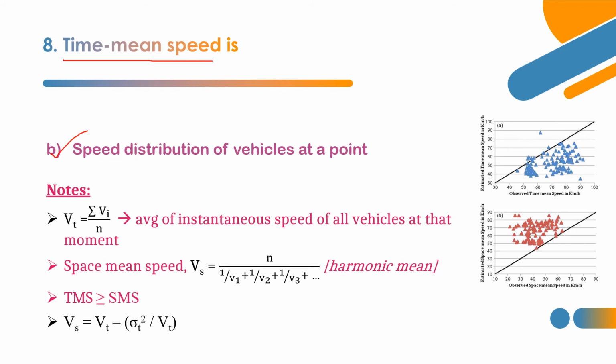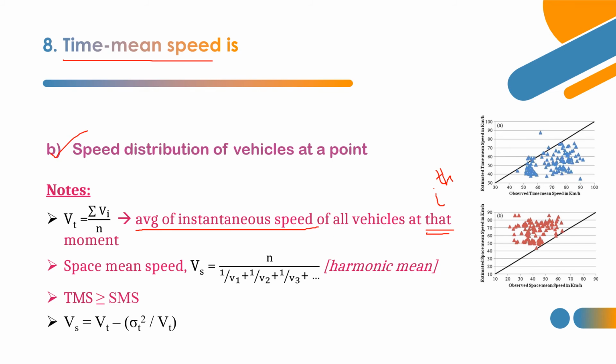It's the spot speed at the ith moment, the instantaneous speed of a vehicle at that moment. So we have to sum up all the spot speeds and divide by the number of speeds we got. That will give the answer for time mean speed.